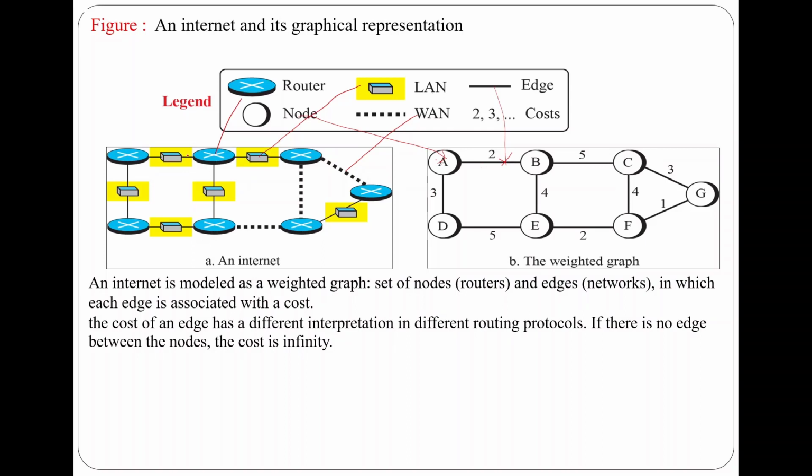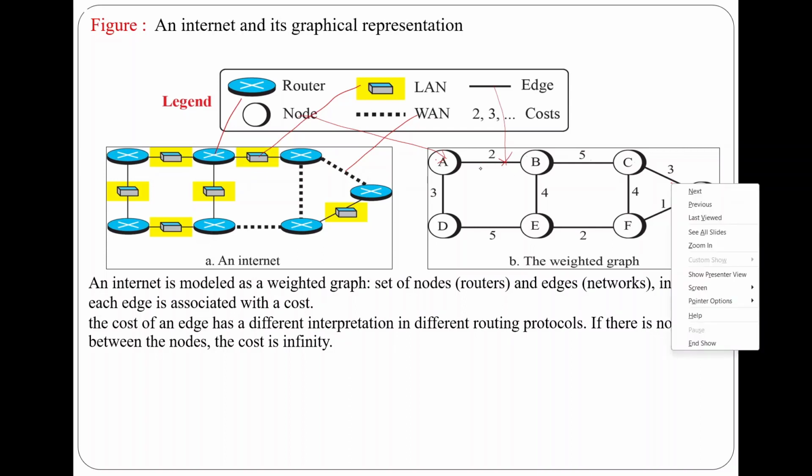The LANs we are using may be of different performance, different length, different capacity. In the figure, this edge is nothing but the LAN. This is the simplest form of representing the network. Here each node represents a router and each edge represents a LAN.